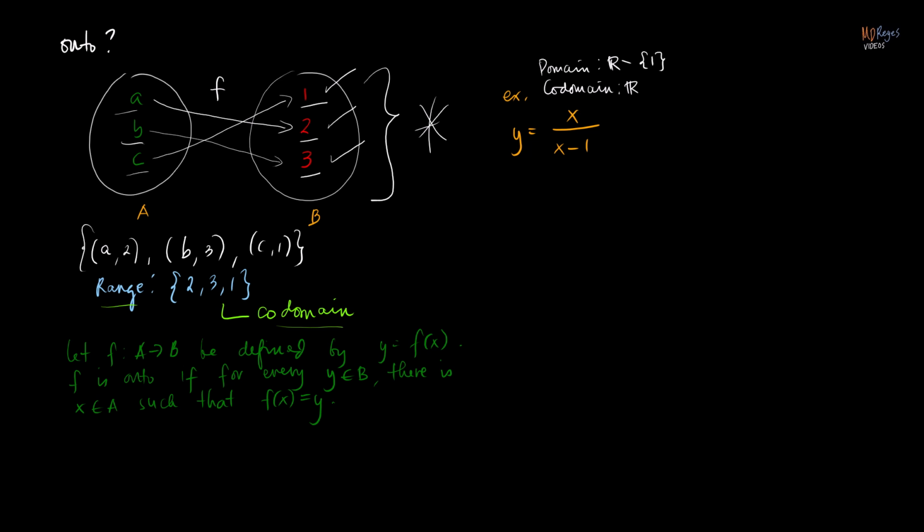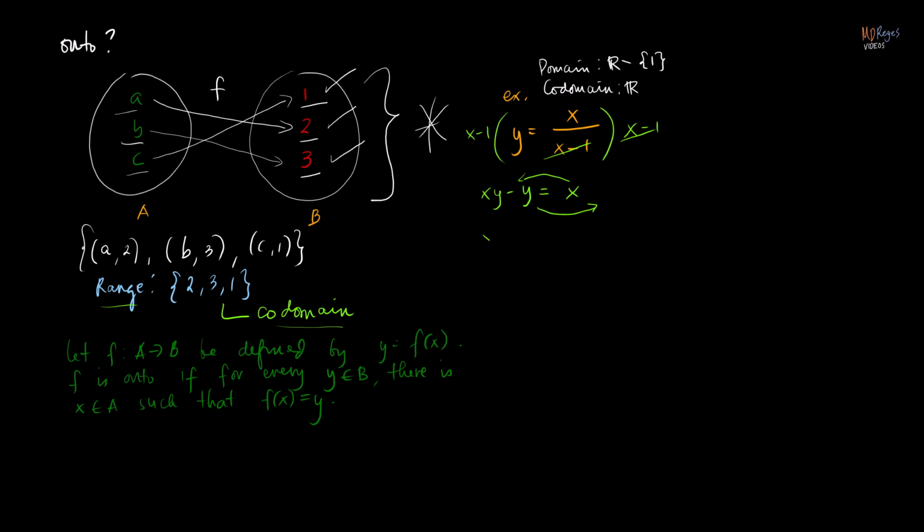Now solving for x, or writing x in terms of y, we have to multiply both sides of the equation by x minus 1. So on the left side, multiplying x minus 1 by y, we'll have xy minus y equals, of course, on the right side, we'll just have x. So we have to write x in terms of y, therefore we need to combine all terms with x.